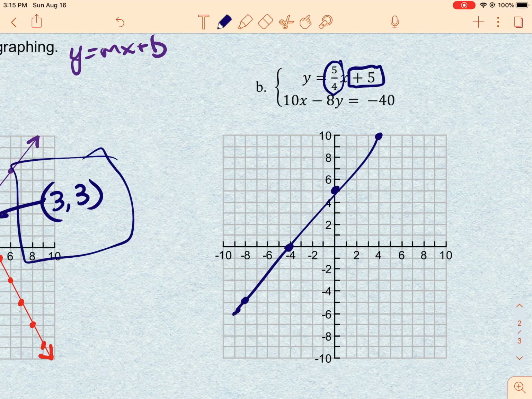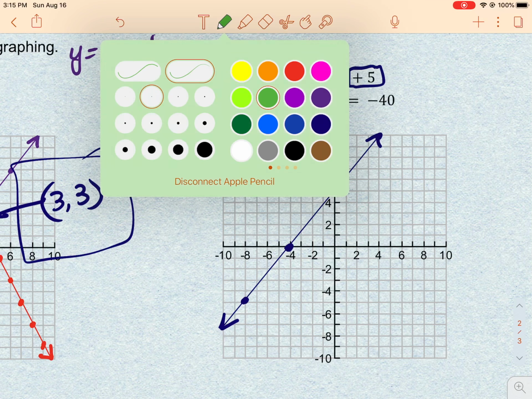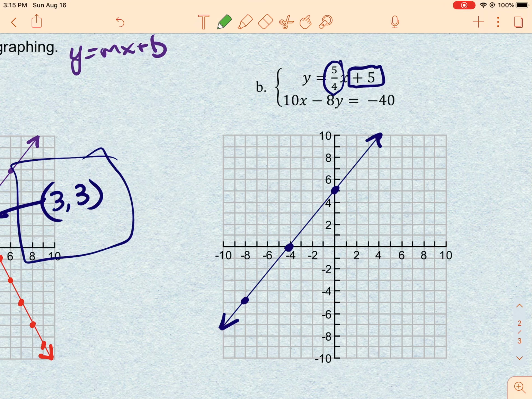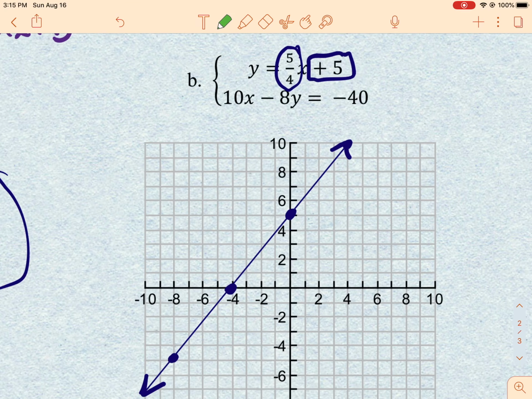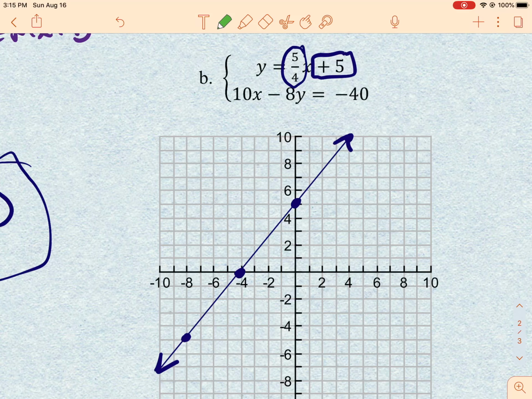Connect the dots, straight line, and include arrows. If we look at the second one, that's in standard form. So a lot of times we learned that to be something called the cover-up method.